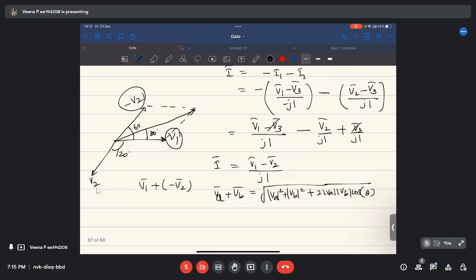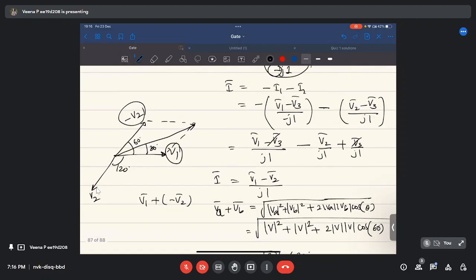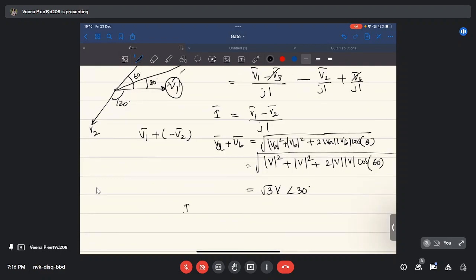So in this case, V1 plus minus V2 is root of V square plus V square plus 2 V squared cosine of the angle between them, which is 60 degree. So by solving this, you will get root 3 V angle 30 degree. So this resultant is root 3 times the magnitude with an angle 30 degree from both. Hence our current I becomes root 3 V angle 30 divided by j.